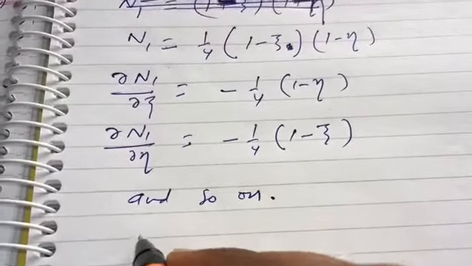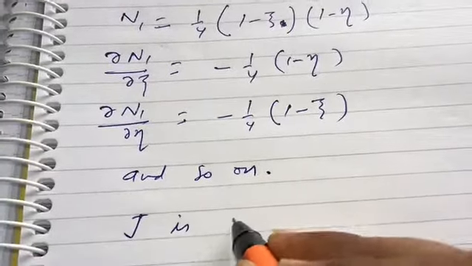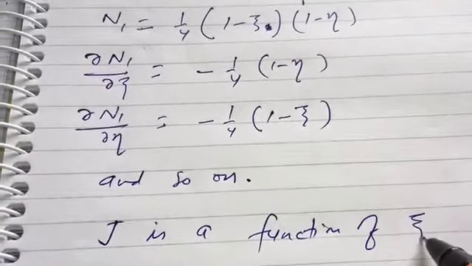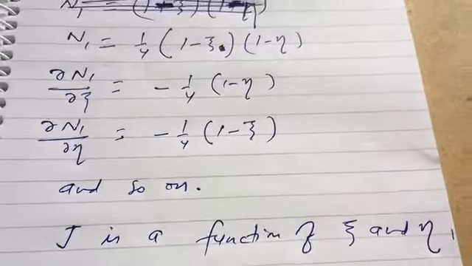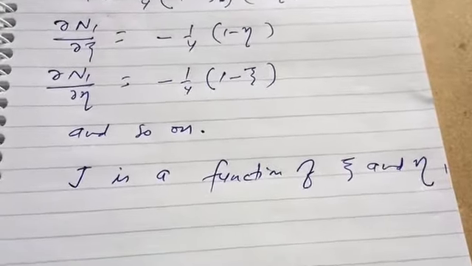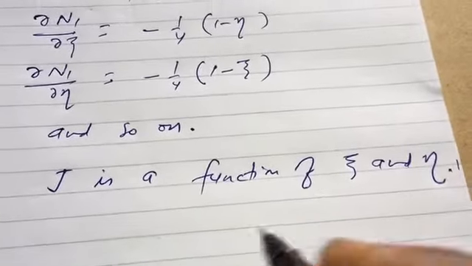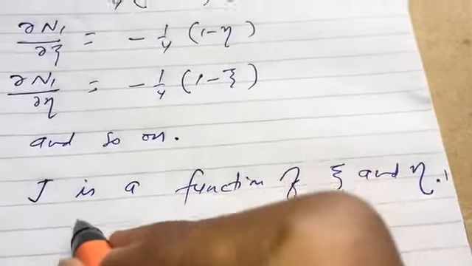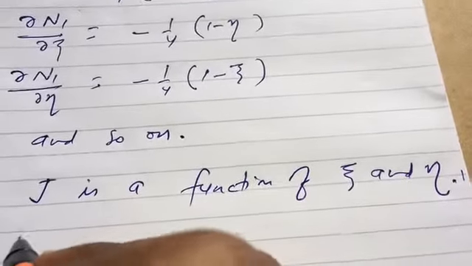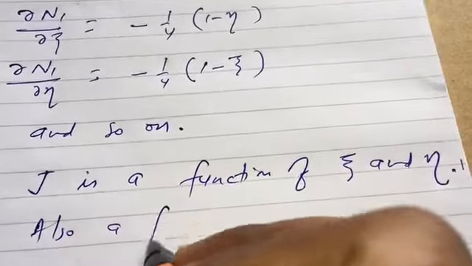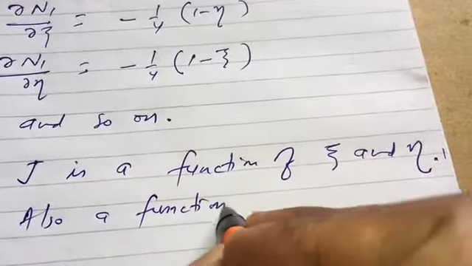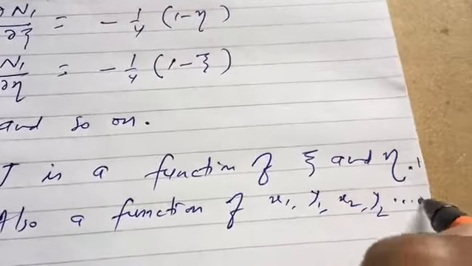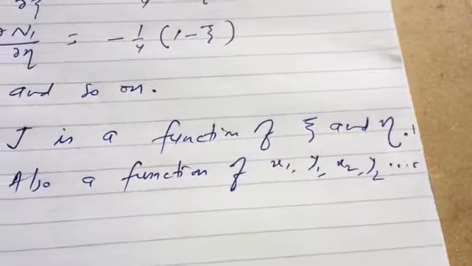Thus the Jacobian matrix J is a function of xi and eta, and also a function of x1 y1 x2 y2 and so on till x4 y4.